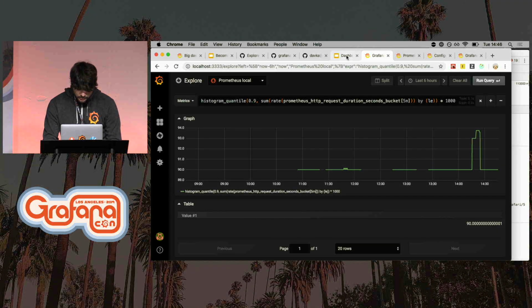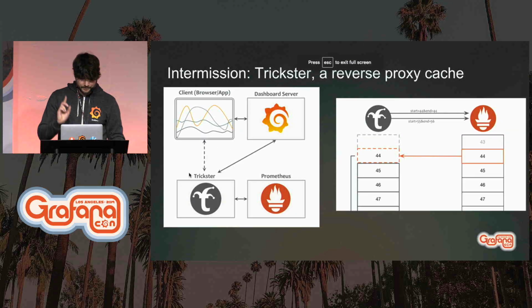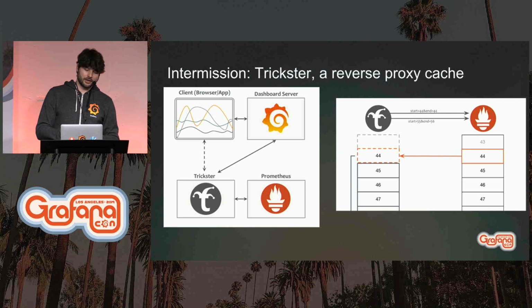So I made a bigger dashboard. Let's quickly go there. Oh, hold on. There's another one. Who here has heard of Trickster already? This is a way to also speed up the requests. Trickster is a smarter reverse proxy cache that you can put in between your Grafana and your Prometheus.